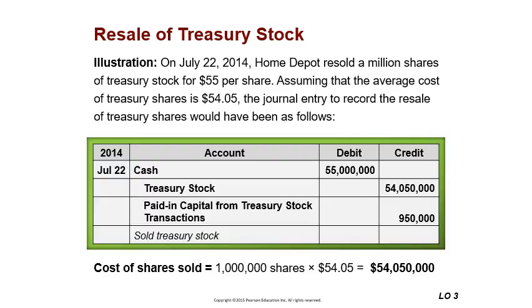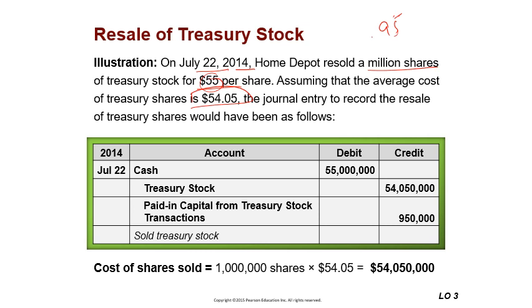Okay, we have an illustration here. Pause the video and read the illustration, and then we solve it together. Here we go. On July 22, 2014, Depot resold 1 million shares of treasury stock for $55 per share. Assuming that the average cost of treasury stock was $54.05, the entry would be: the cost was 54.05 but they sold at 55, which means they receive 0.95 more, right?